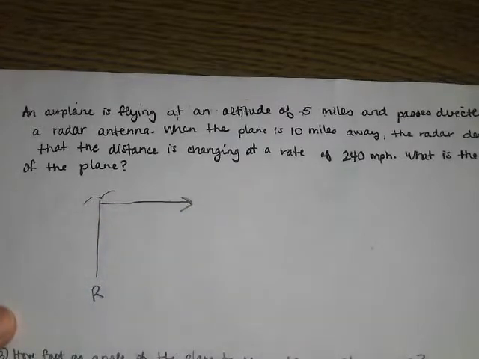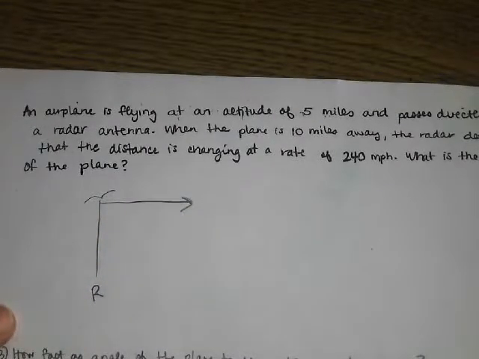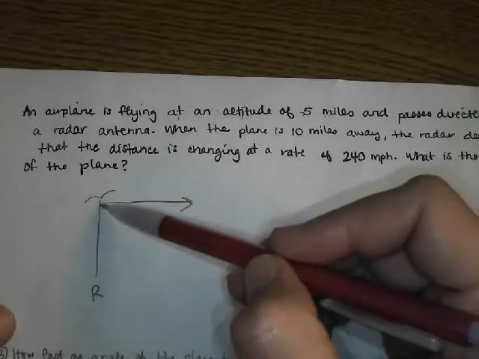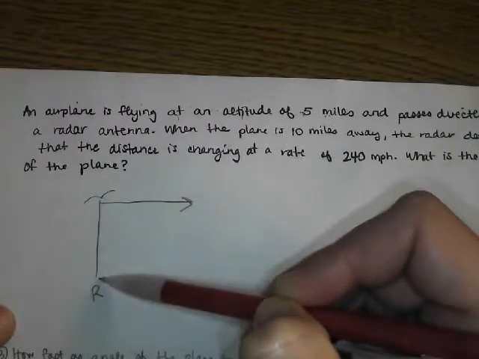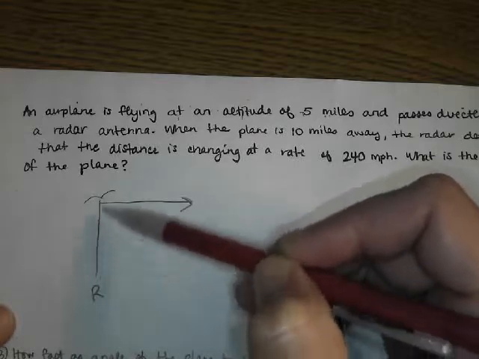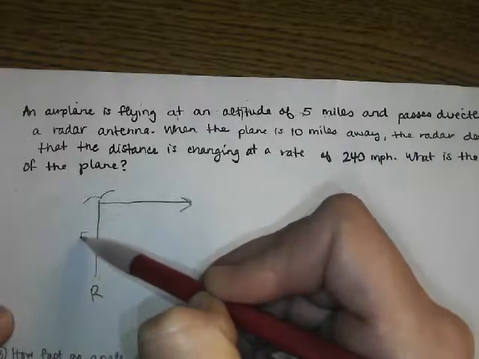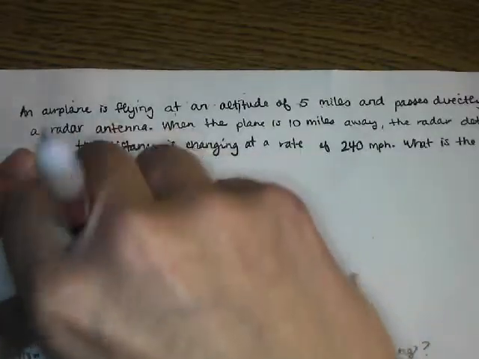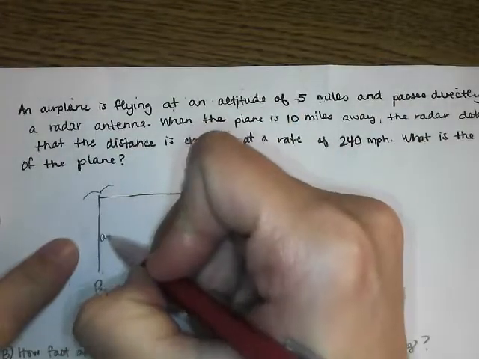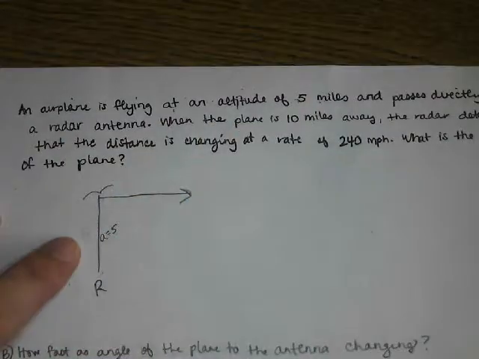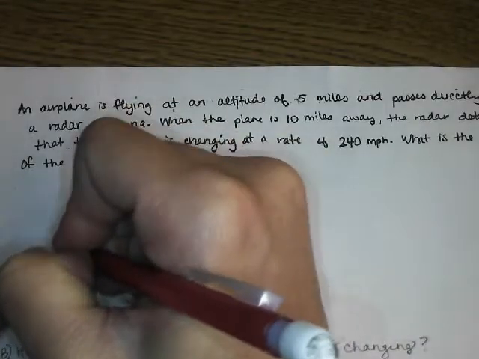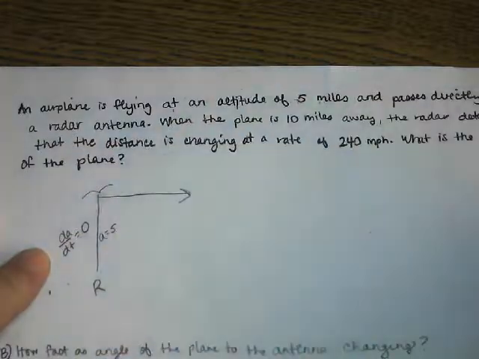And this altitude of 5 miles is staying the same, right? So I'll put the side lengths on the inside. A equals 5 for altitude, and dA dt is going to be 0, because this altitude is remaining consistent.